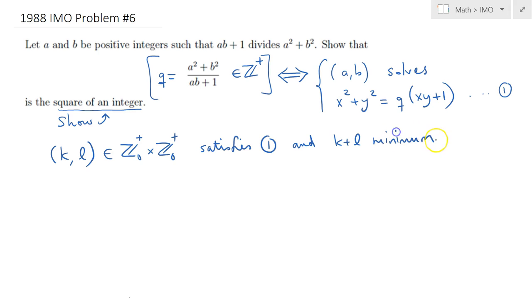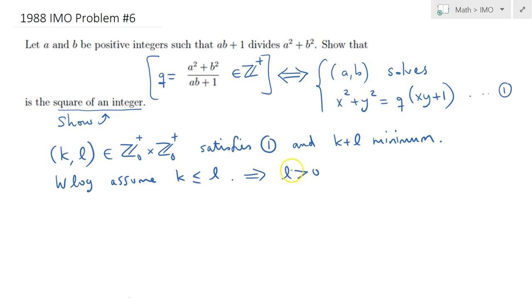So I'm invoking the extremal principle again. Because K and L are perfectly symmetric with respect to equation 1, without loss of generality, we can assume that K is less than or equal to L. This implies that L must also be greater than 0.